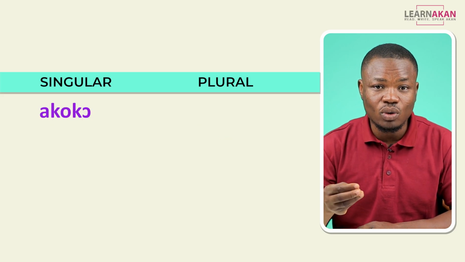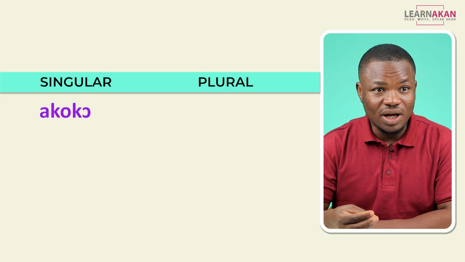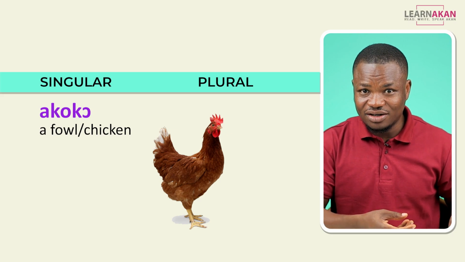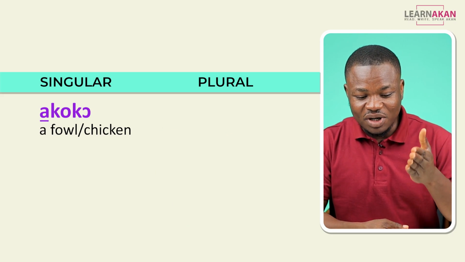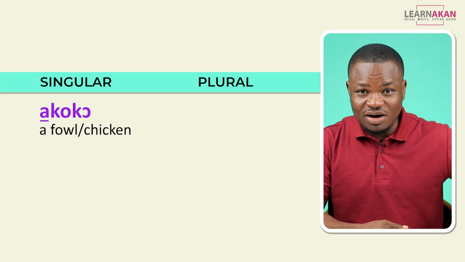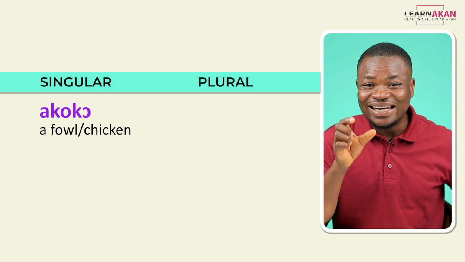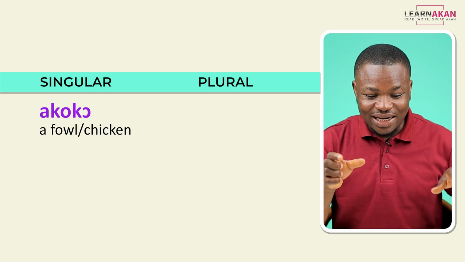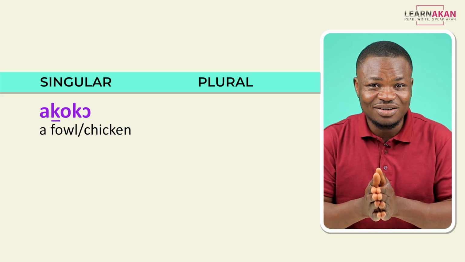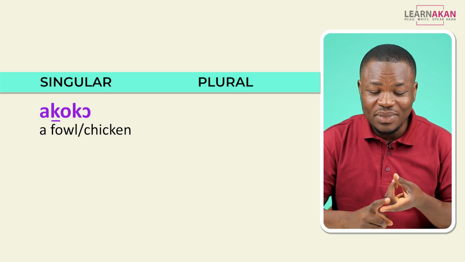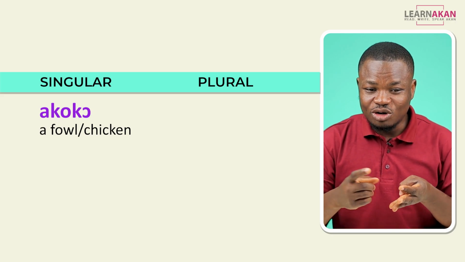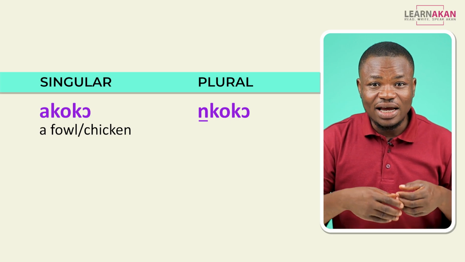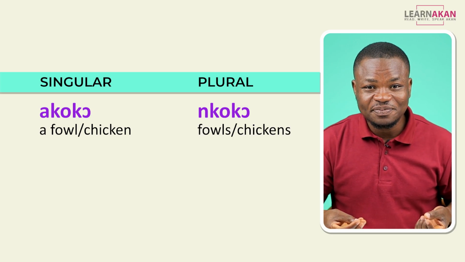Let's see another example. We have akoko, and akoko is chicken. As you can see, this starts with a vowel, but we said we don't consider the initial vowel, we consider the initial consonant, and that consonant here is k, which is neither b, p, nor f. So you bring in front and we get nkoko.